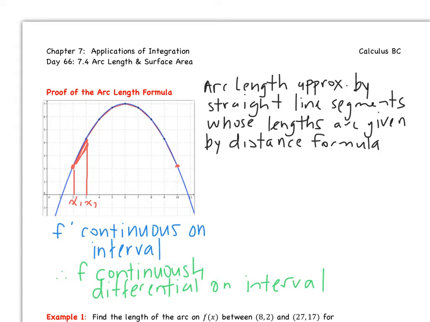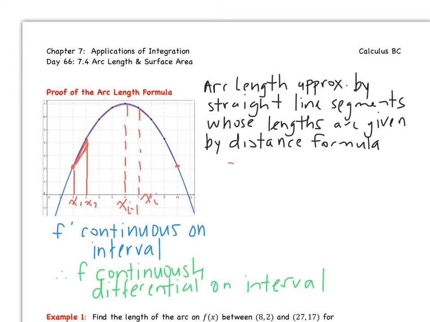Generalizing, let this be x i minus 1 and this guy be x i.